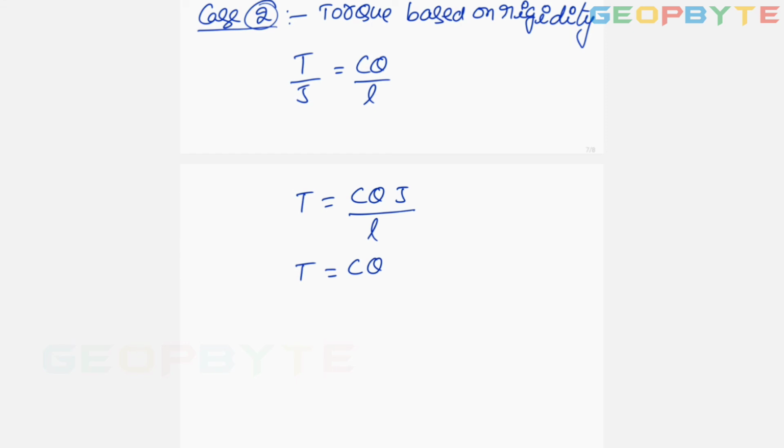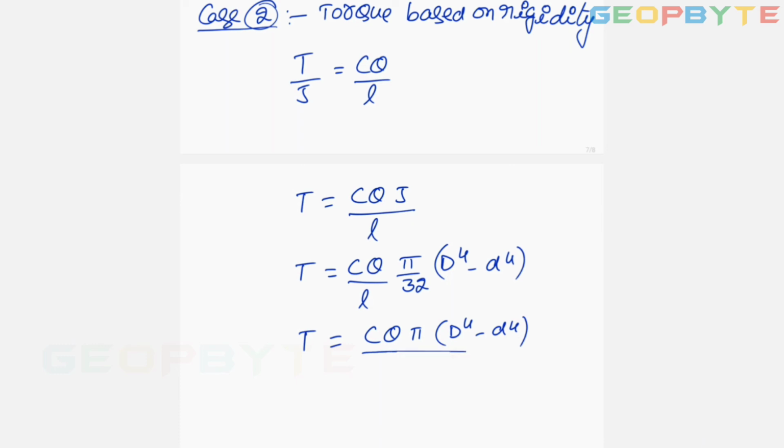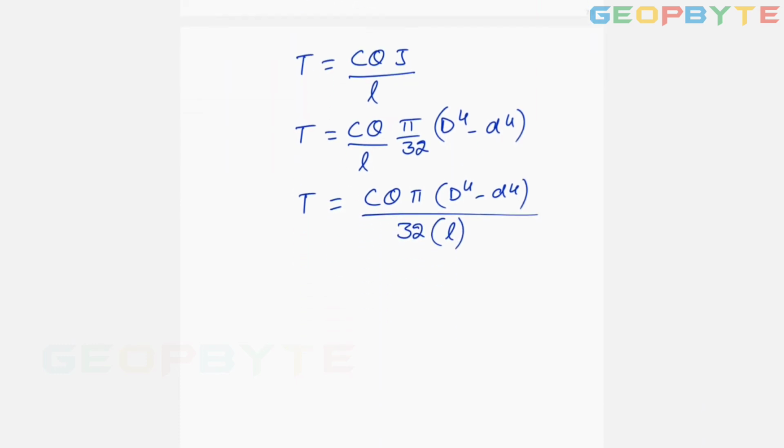Theta should be in radians. J equal to pi by 32 into capital D power 4 minus small d power 4, divided by L. So T equal to C theta into pi into capital D power 4 minus small d power 4 divided by 32 into L. So torque equal to 0.8.